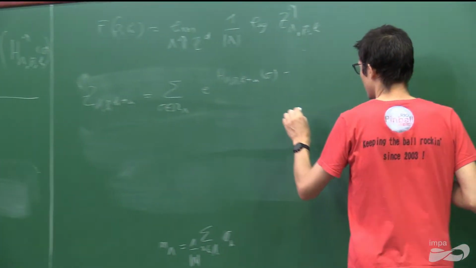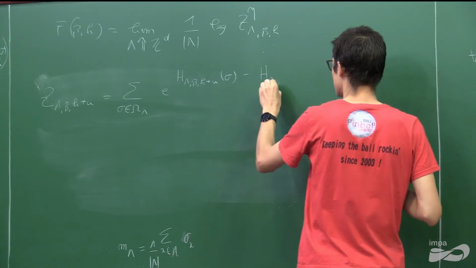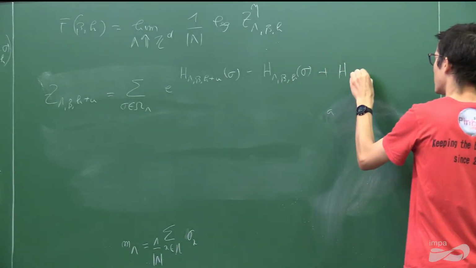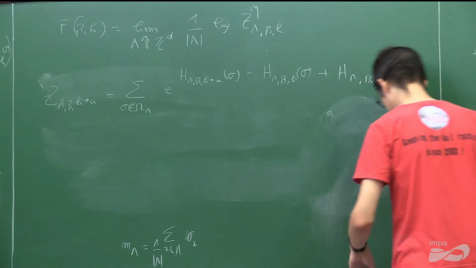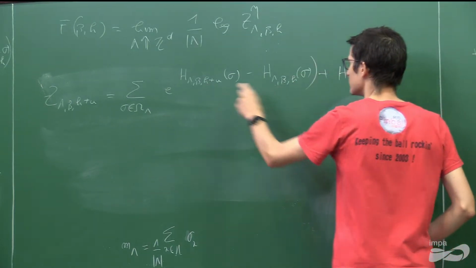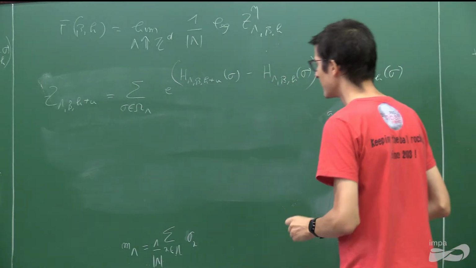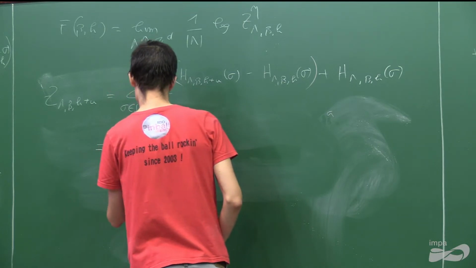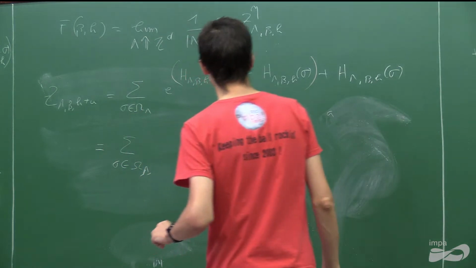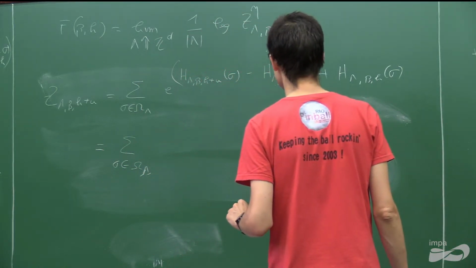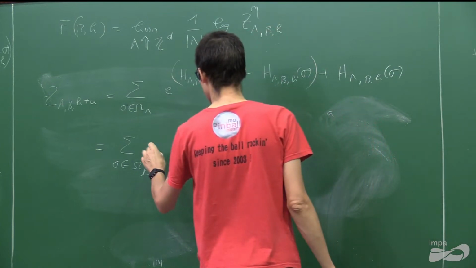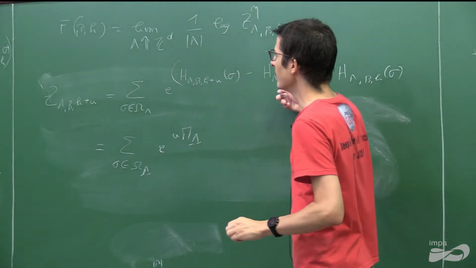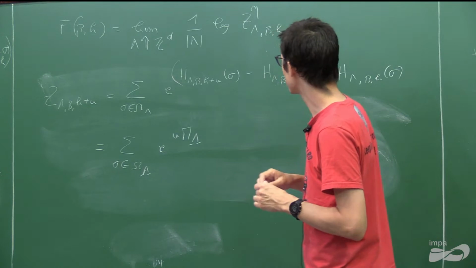So I can just say this is this minus this plus this. Now this difference is simply exponential u m lambda.